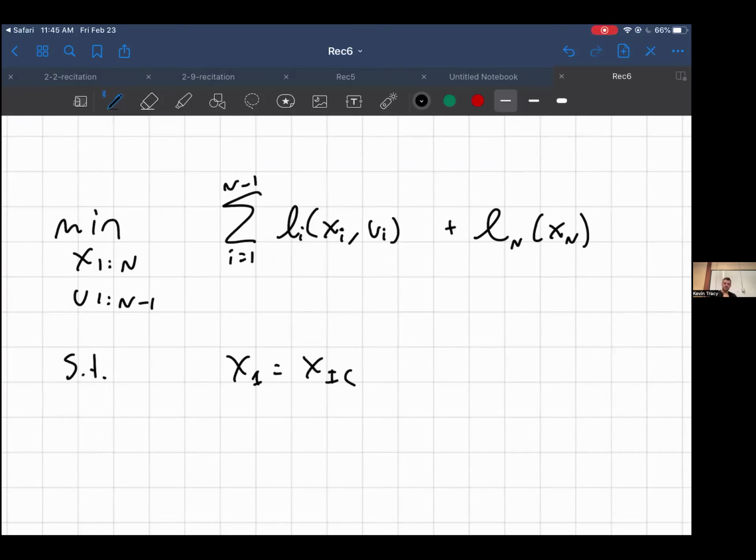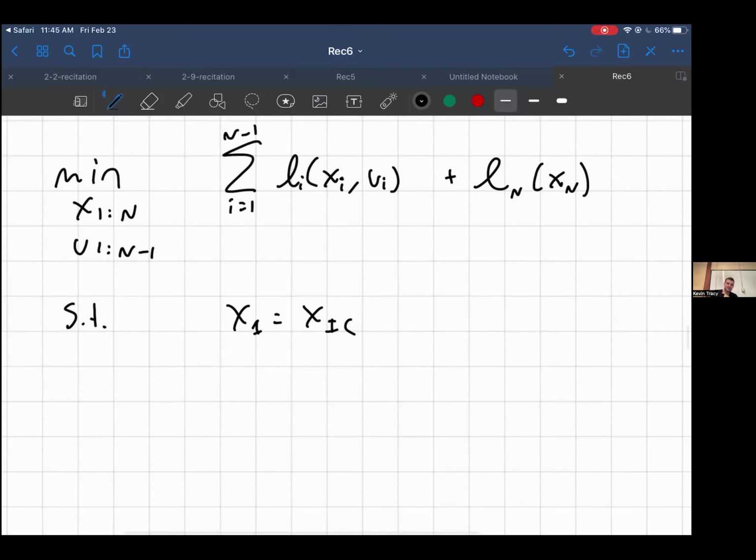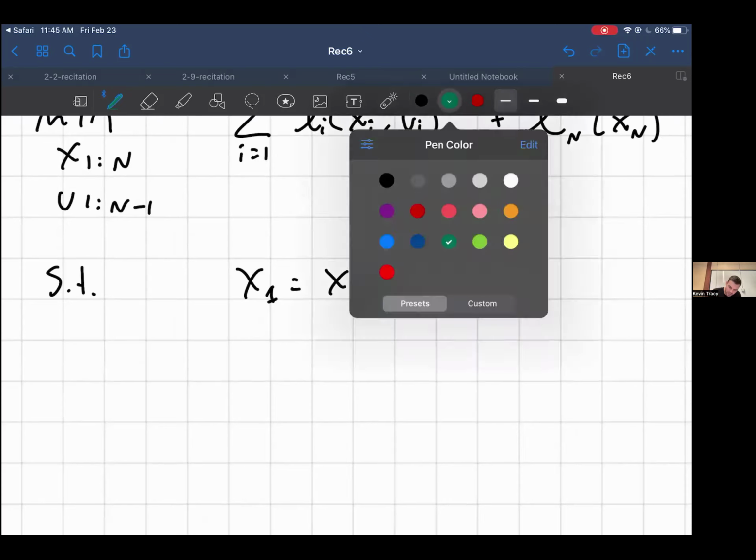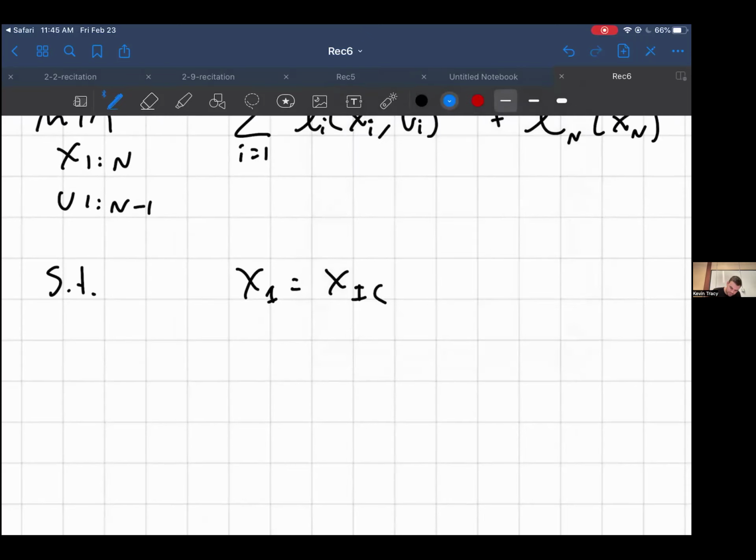This is our initial condition constraint. And then our second thing is now we add the dynamics, and here's why we see that it just doesn't matter what we use. So I can do option one. I'll just call it implicit.